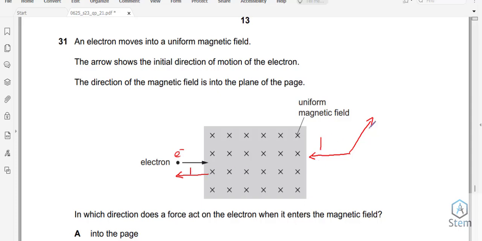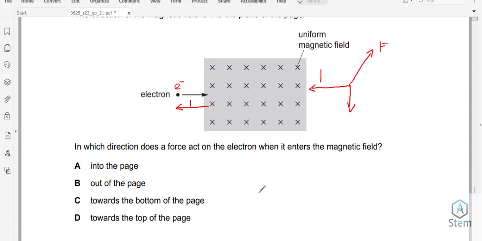So this is current, this is the field, and the force will be downwards. So the force here is going to be towards the bottom of the page. This is the thrust or force.